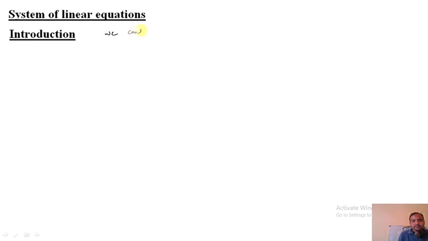First, to understand the system of linear equations, we consider at most two variables, or you can say unknowns. Only two unknowns.